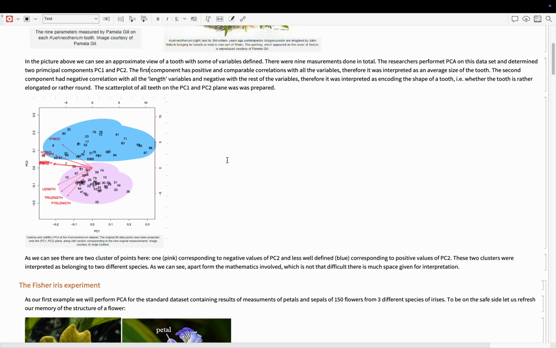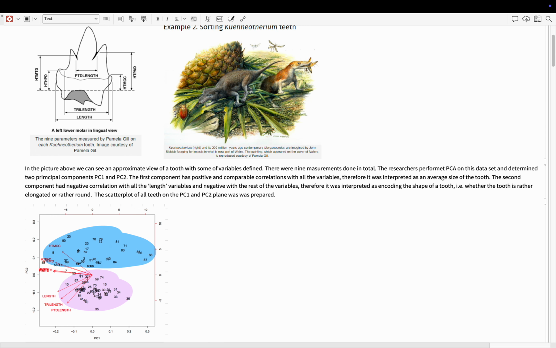And the second component had negative correlations with all the length variables. So here we have one length variable, the other, and yet another length variable. And it had negative correlation with the rest, so with those vertical variables on this picture. Therefore, it was interpreted as containing information not of the size but of the shape of the teeth.